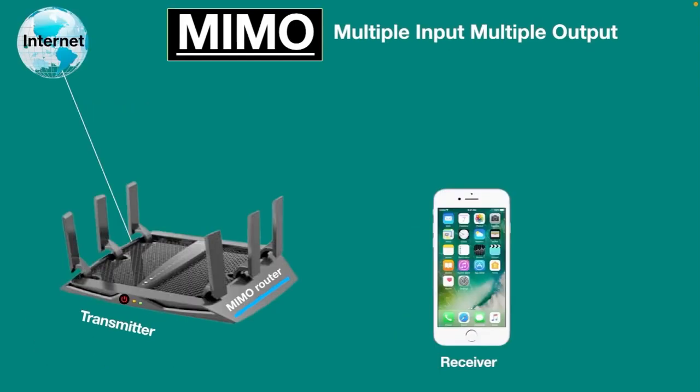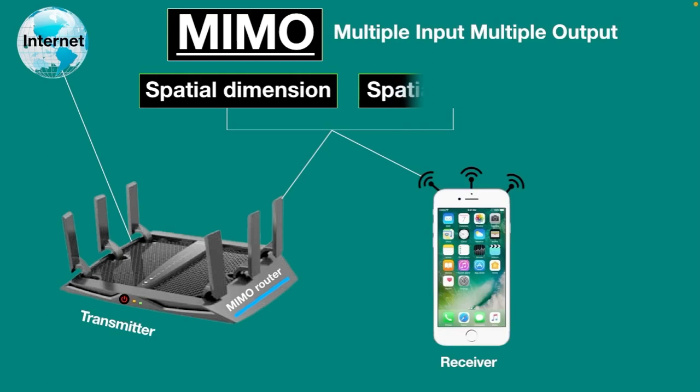MIMO technology increases the receiver's signal capturing power by enabling small antennas to combine data streams coming from different paths and at different times. Smart antennas use two main techniques, spatial dimension and spatial diversity.